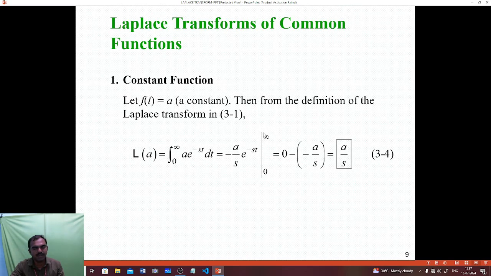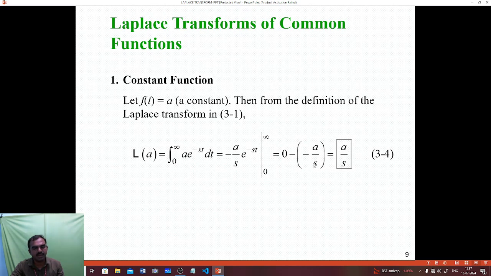So first we apply the upper limit, infinity replaced for t. What we get? e power minus infinity. e power minus infinity value is 0. So the first term will be 0. Then minus of, now apply the lower limit value 0. So minus a by s. If we apply t value 0 in here, what we get? e power 0. e power 0 value is 1.